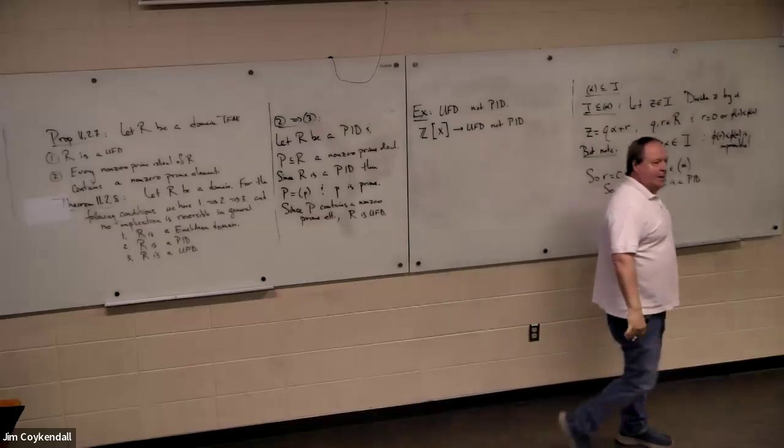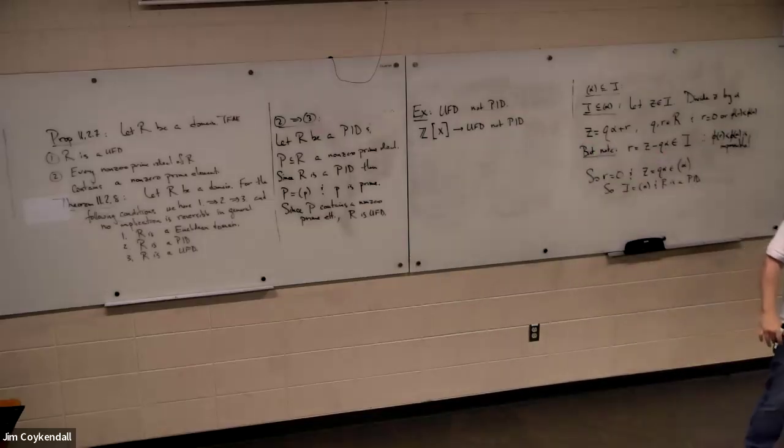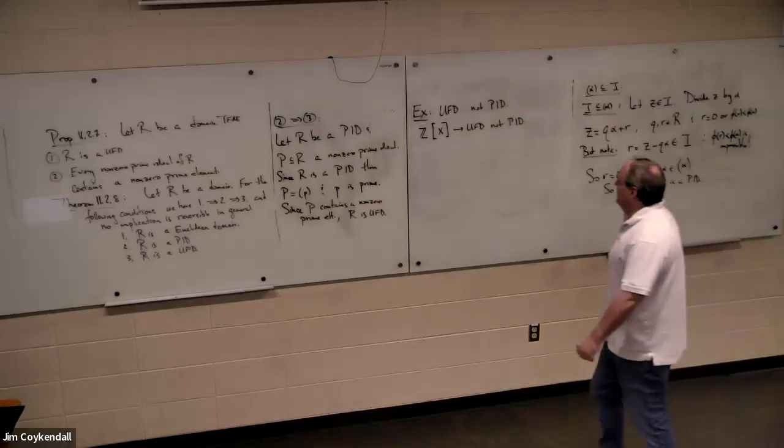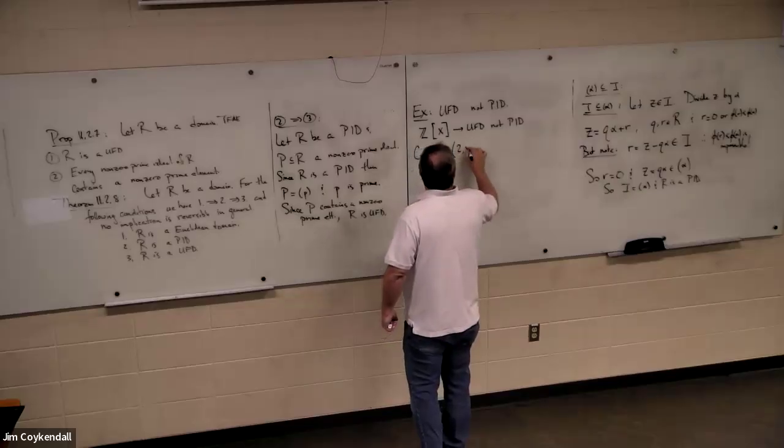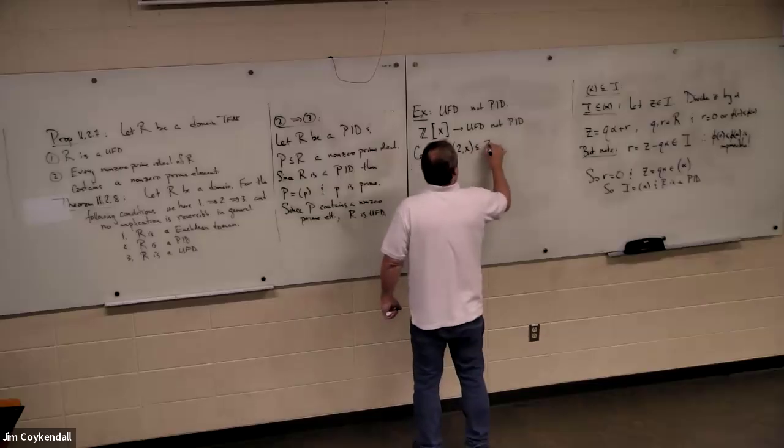I want to give you a theorem in a moment that tells you that this is in fact a UFD. The fact that it's not a PID is easier to see. Consider the ideal generated by 2 and x in Z[x].